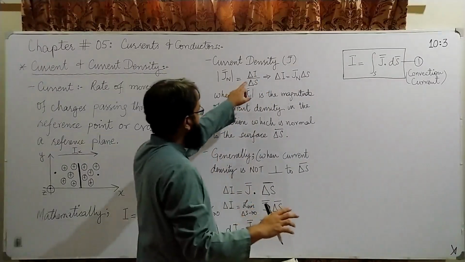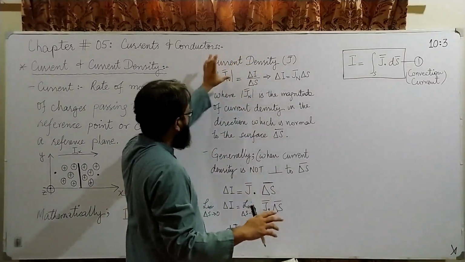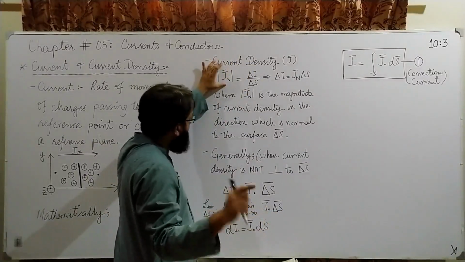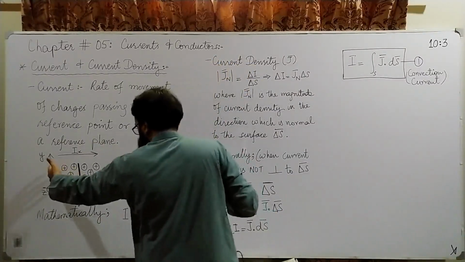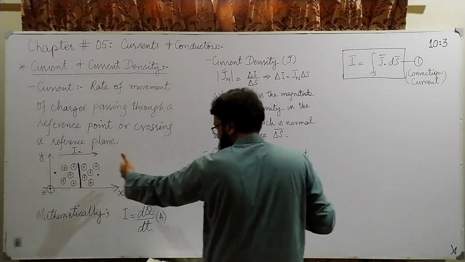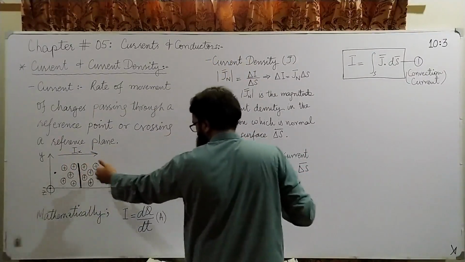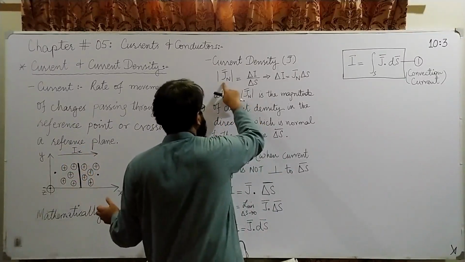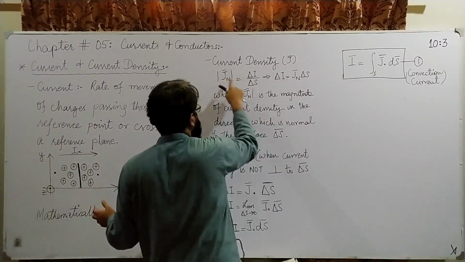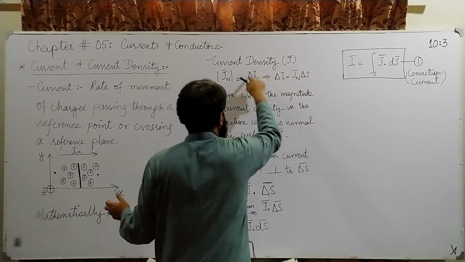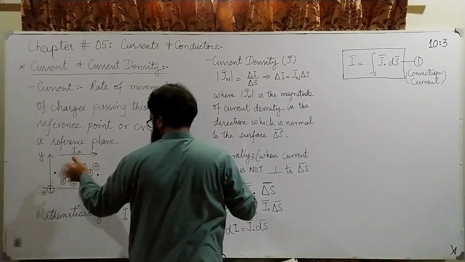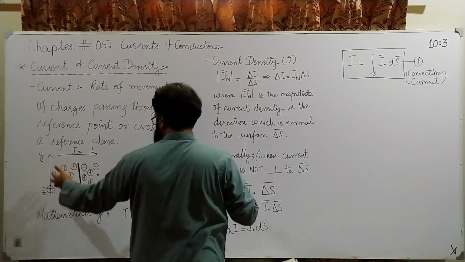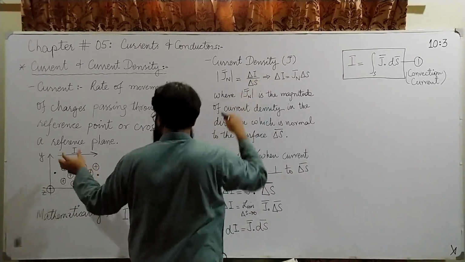So direction will not be associated with the current, rather it will be associated with the current density. So the direction of motion of the charges is perpendicular to this surface. In this particular case, we can define that the current density is the amount of current, that is the number of charges flowing through this imaginary surface, divided by the area of that surface.